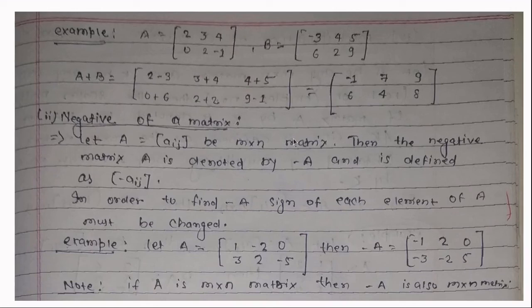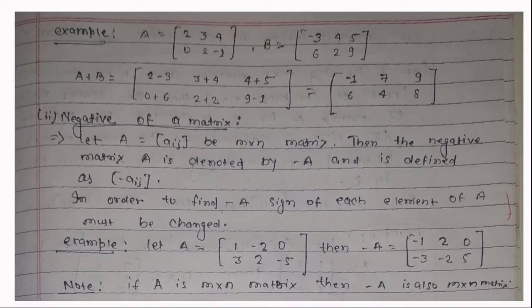Now we will understand another operation of matrices: the negative of a matrix. What do we mean by the negative of a matrix? How can a matrix be made negative? Let A equal to Aij be an m cross n matrix.